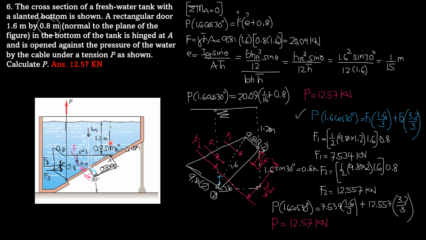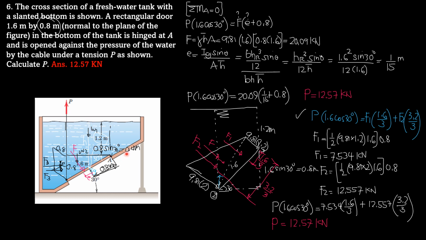And since this is 1.2 up to A, then we add this vertical distance, which is, we have a right triangle again, the angle is 30, and the hypotenuse is 0.8. So this part, additional 0.8 sine 30, is 0.4. Barred H, therefore, is 1.2 plus 0.4.